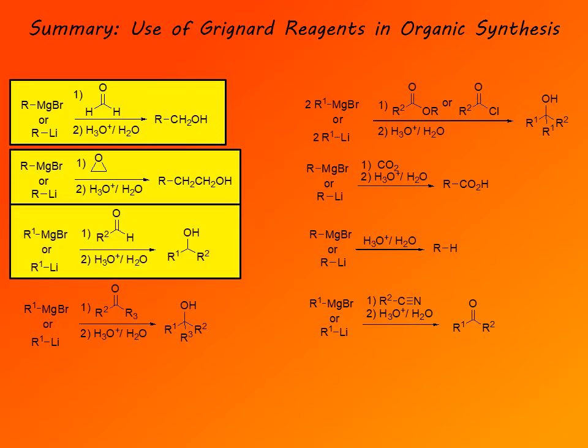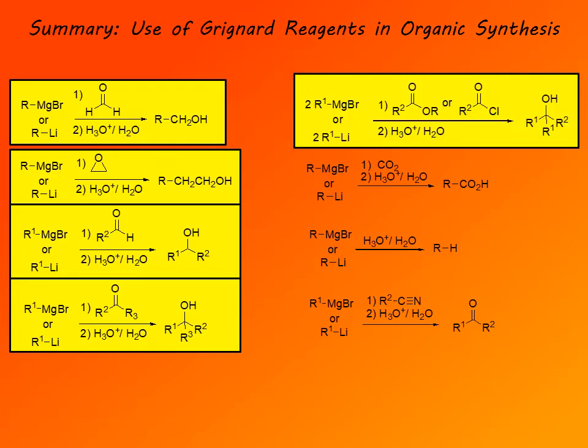Reaction with an aldehyde results in formation of the corresponding secondary alcohol. Reaction with a ketone results in formation of a tertiary alcohol, and in this case, all three substituents on the tertiary alcohol could be different.